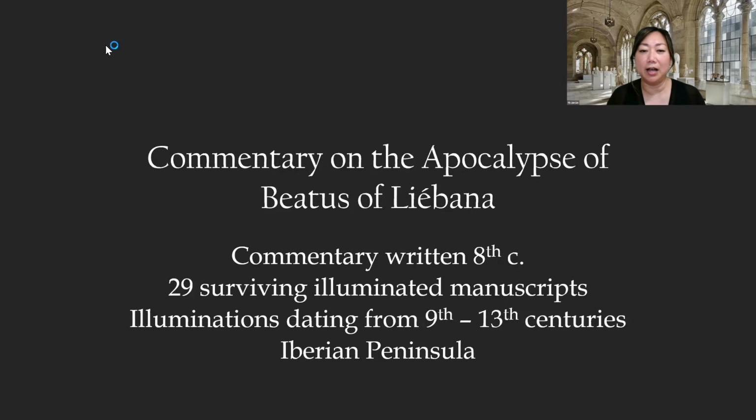So when you hear of the commentary of Beatus or the Beatus Apocalypse, right, that's referring to the text. It's a commentary on the Book of Revelation. But each of these books is separately illuminated, and they're coming from different centuries as well. So it's a really interesting look at how art changes to show the same scene in different settings.